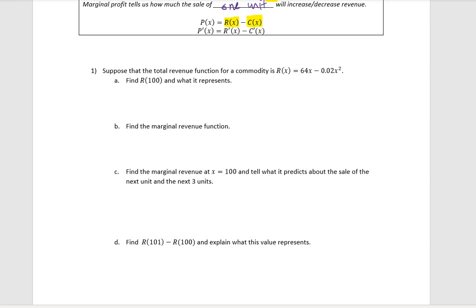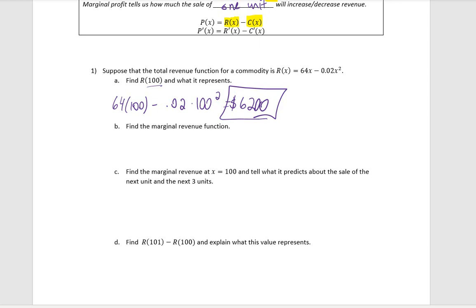So when we do this, it's going to be 64 times 100 minus 0.02 times 100 squared. And that means that when we produce 100 items, we can expect to have a revenue of 6,200.